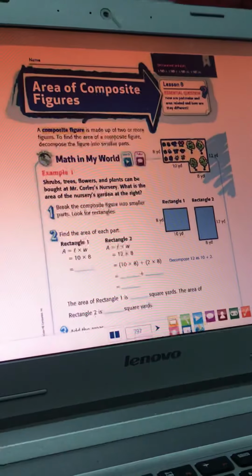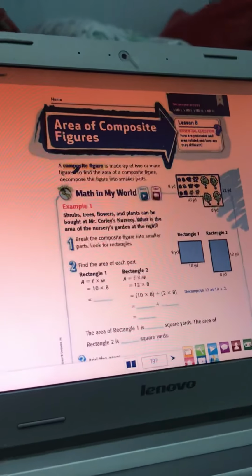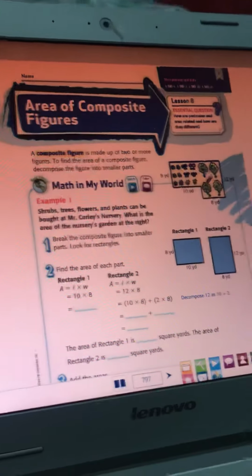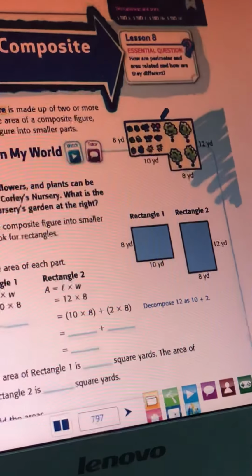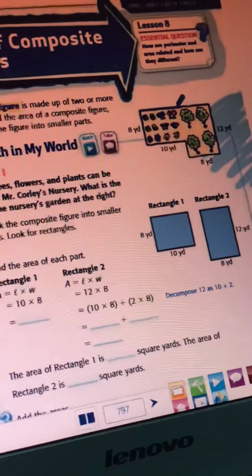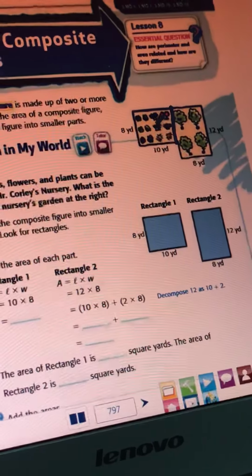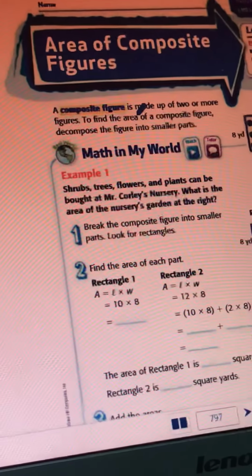A composite figure is made up of two or more figures. Just like what you see on your screen, there are two rectangles. If we put a line in here, we're able to have two rectangles. So this is an example of a composite figure.